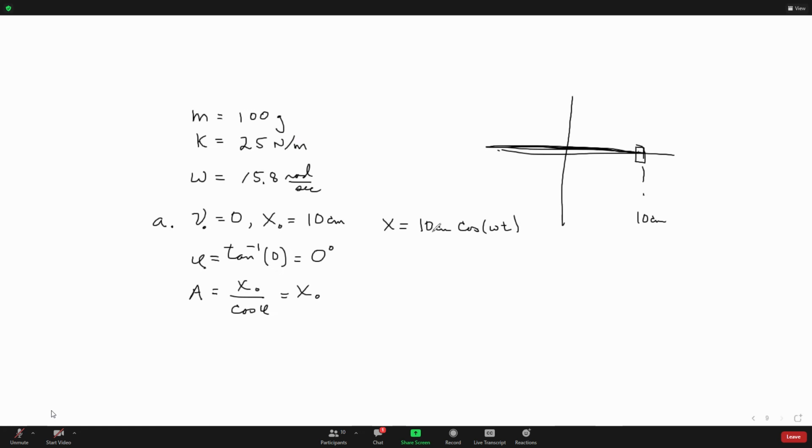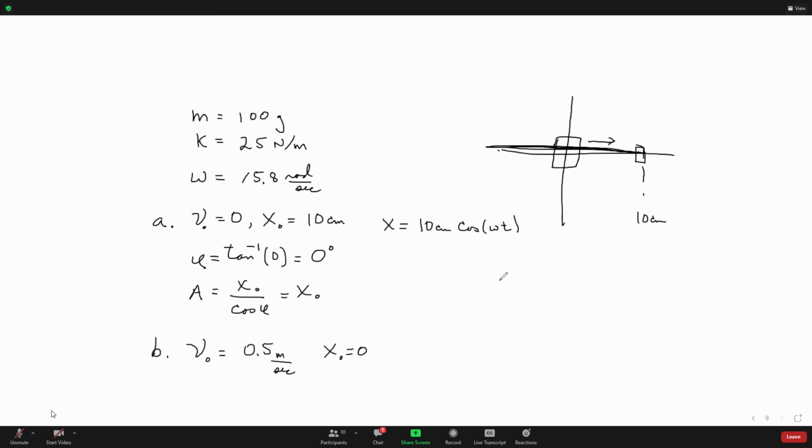Okay, let's do one with some different initial conditions. Let's let v0 equal 0.5 meters per second, and let's let x0 equal 0. Now in this case, when t equals 0, my mass is here at the origin, and it's moving in this direction with the speed 0.5 meters per second.